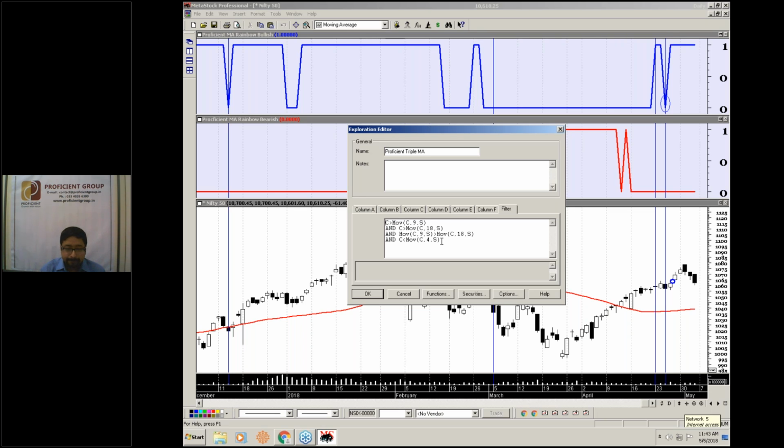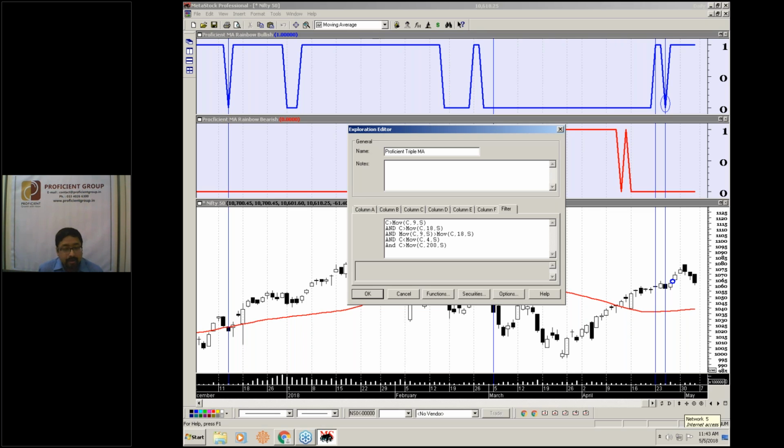But what if I want stocks that are in a primary uptrend? For that, I am using another moving average, which is the 200-day moving average. And this condition I'm using here shows that prices are above their 200-day moving averages as well.